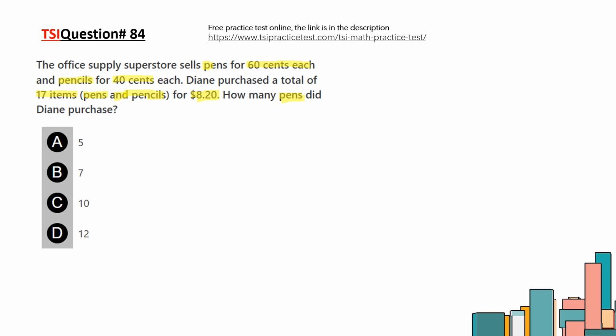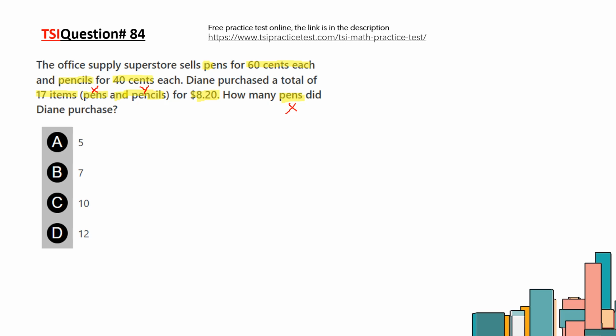So let x be the number of pens, and y be the number of pencils. They're asking for the pens, which is x.